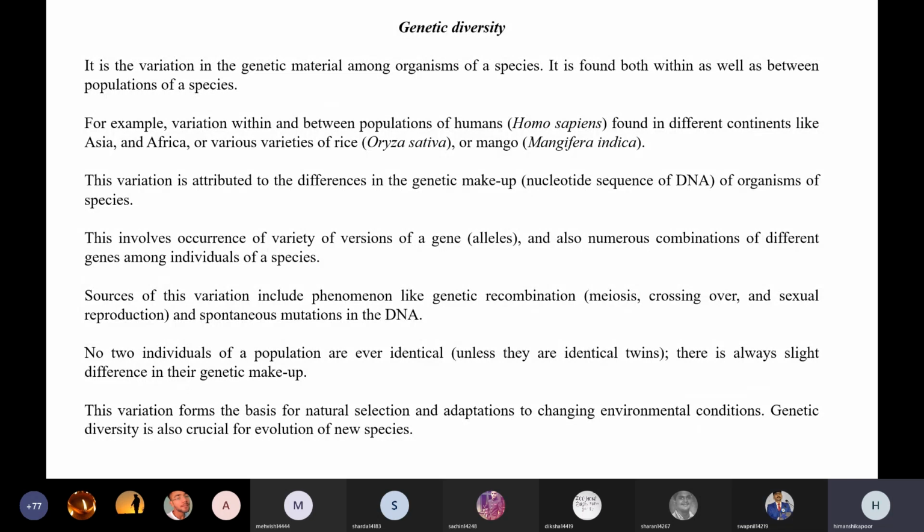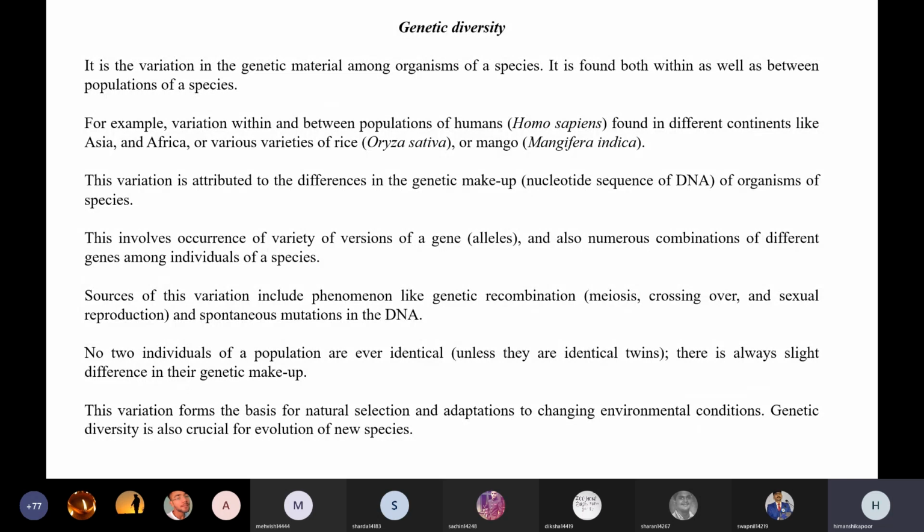Yes, ma'am. Okay. So what are the benefits of genetic diversity? So it will ensure food security. How? Because superior variety plants will evolve.